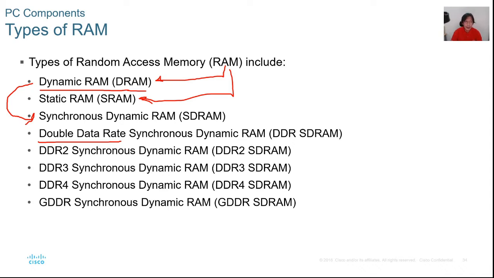The family of the double data rate are DDR2, DDR3, and DDR4. When you talk about DDR2, it has a higher clock speed, ranging from 200 megahertz up to 553 megahertz.